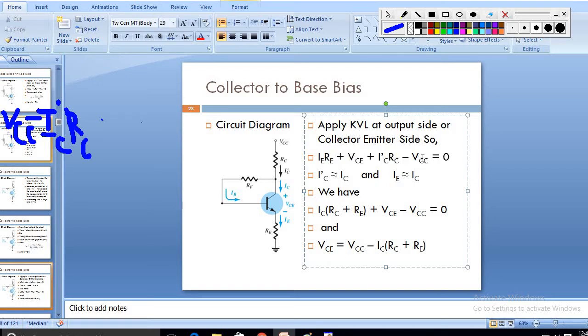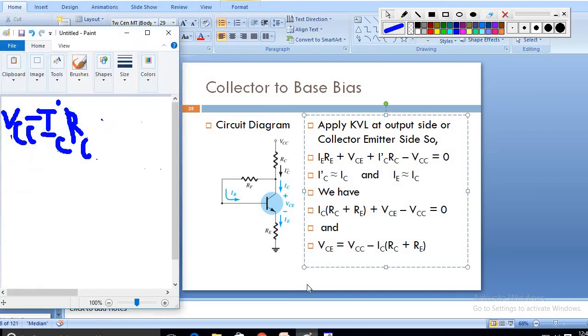Okay, see here, same thing, VCC kept as it is, plus VCC. First VCC.